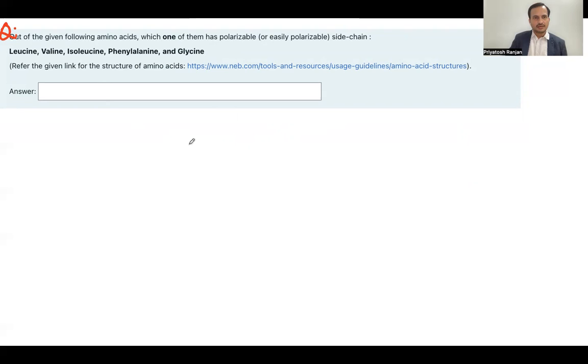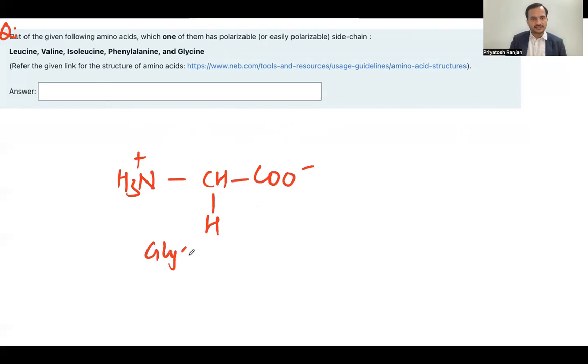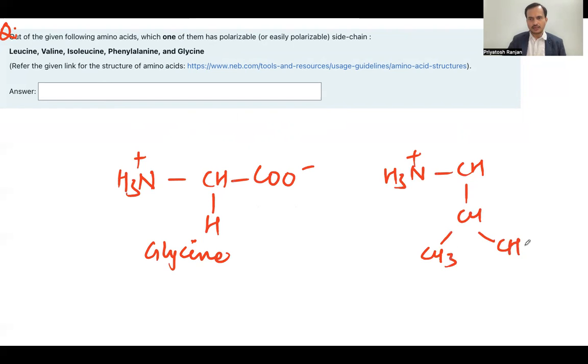So if I have to draw glycine, it's going to be, correct me if I'm drawing a wrong structure. So this is glycine. How about the valine? This is valine.